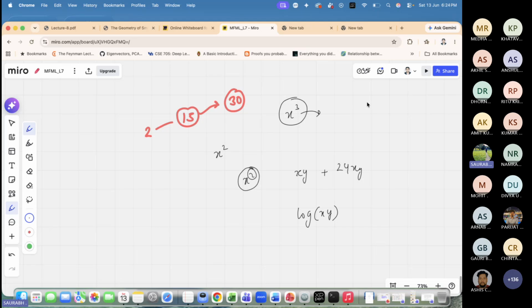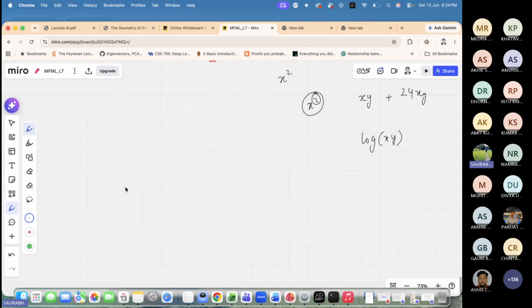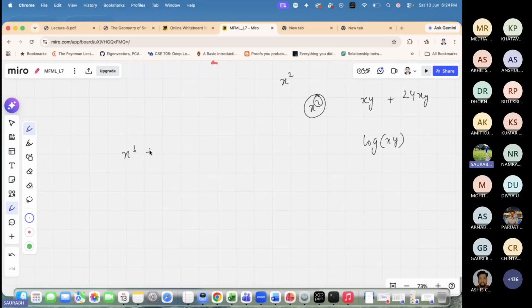Even if they give you something like this, for example, x square plus 3x square plus 4xy, this is a simple function. They will not ask you for the third degree expansion. They will only ask you for the second degree expansion.